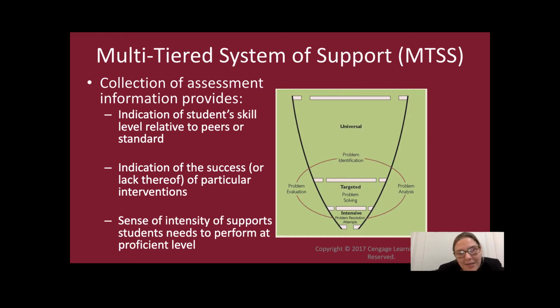After we analyze the problem through looking at the data, we provide some targeted interventions. If the student makes progress, they can either, A, go back to tier 3 and receive supports in the whole class, or they can continue to receive the level 2 supports.